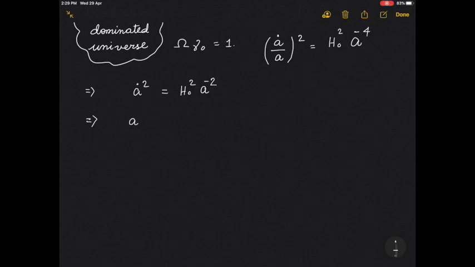I can bring this to this side now and take the square root. So I get a dot equals H naught. Or I can go one more step, write this as dA dt. So dA I keep here and the dt I put on this side.